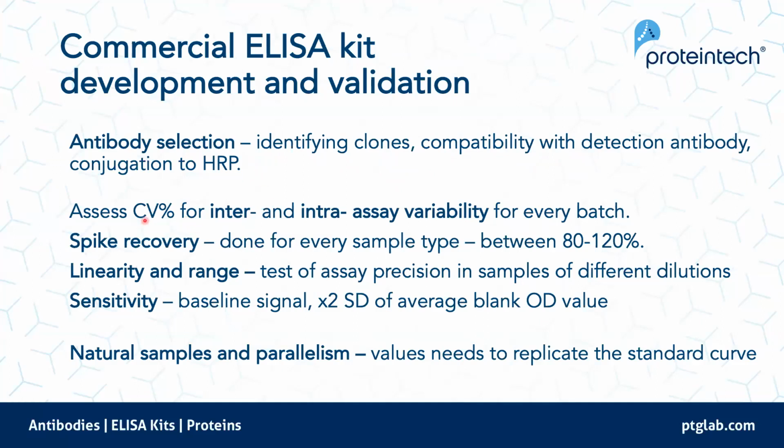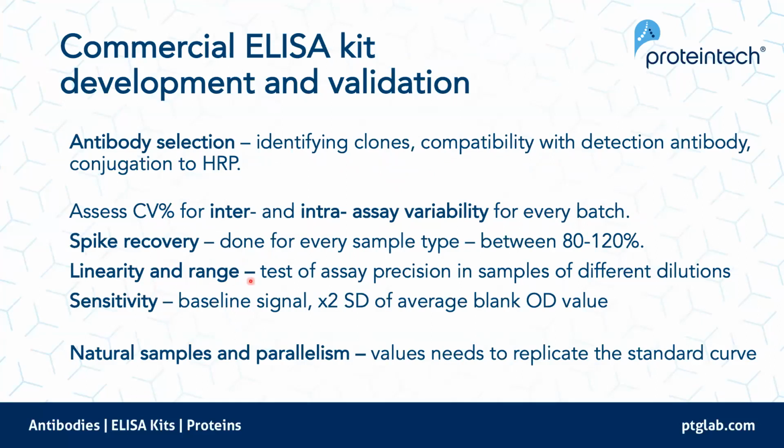We're then assessing the coefficient of variance between inter and intra variability for every batch. I believe we test at least 24 plates in this way. We then do spike recovery, and I'll talk about this in the next slide because I think it's really interesting and why we should do spike recovery for our ELISA kit validation. Same for linearity and range.